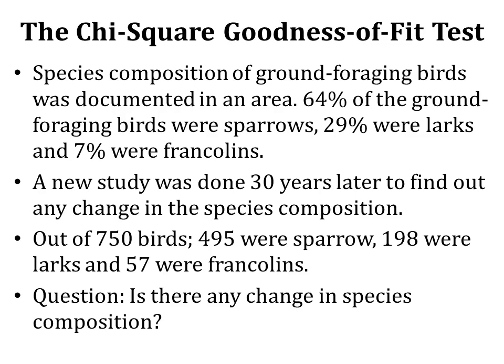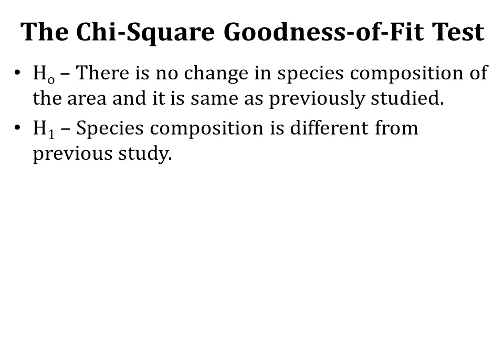So again, we are dealing with frequencies, so we have to apply the chi-square test. And what kind of chi-square test? The chi-square goodness of fit test, because we have a pre-existing ratio, the pre-existing relative frequencies of different nominal categories. So the next step is to state the null and alternate hypothesis.